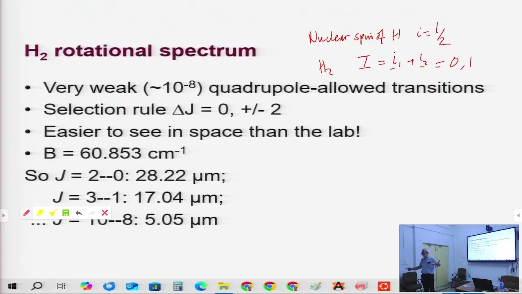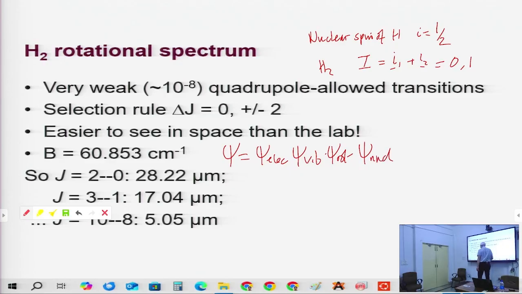If you remember your Pauli principle, the wave function has to be odd on interchange. When you change the two hydrogens over, the whole wave function is odd. You can consider four components, and we're working through all these components. That's what this course is doing. Electronic, we haven't got to yet.